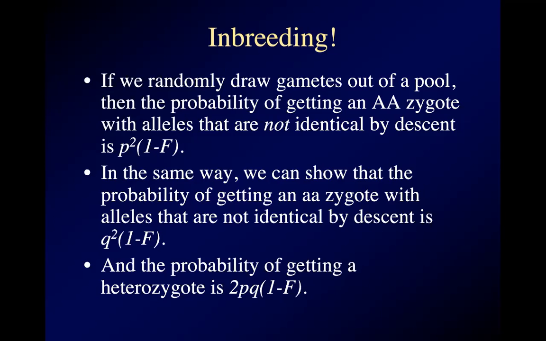You can show in the same way that the probability of getting a little a zygote with alleles that are not identical by descent is Q squared times 1 minus F. And the probability of getting a heterozygote turns out to be 2PQ times 1 minus F. Now, if there's no inbreeding going on, then F is equal to 0, and 1 minus F is 1, and we're back in Hardy-Weinbergville. These equations become identical to the predictions we'd make under Hardy-Weinberg.